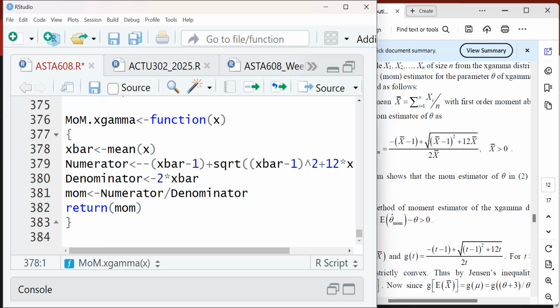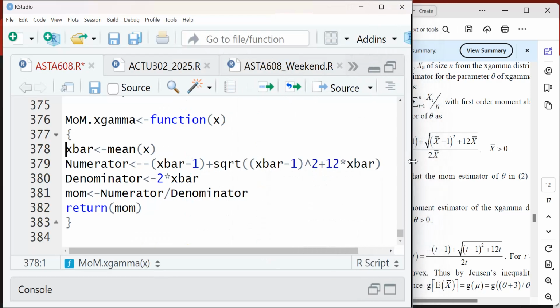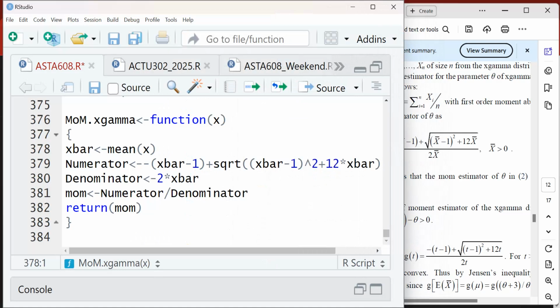The numerator, oh, it's just S bar minus S. You see, all that are in the square root, the S bar minus 1, they are all in the square root. It's just a mean.